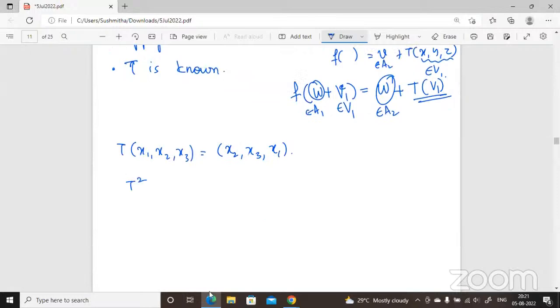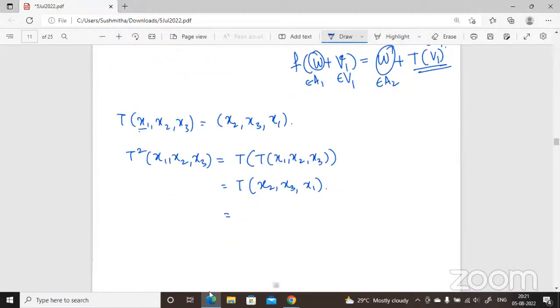So what is T squared of x1, x2, x3? How will you find this? T squared can be written as T of T, right? So what is T of x1, x2, x3? It is x2, x3, x1. Now, what does T do? Whatever is the first coordinate will be sent to the last position.